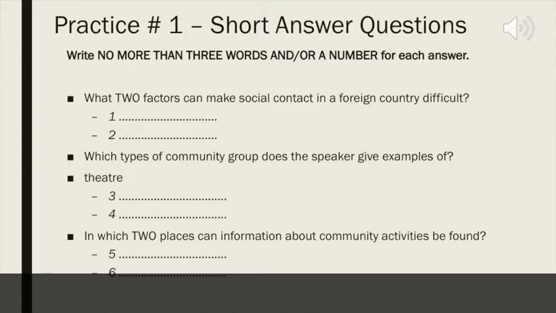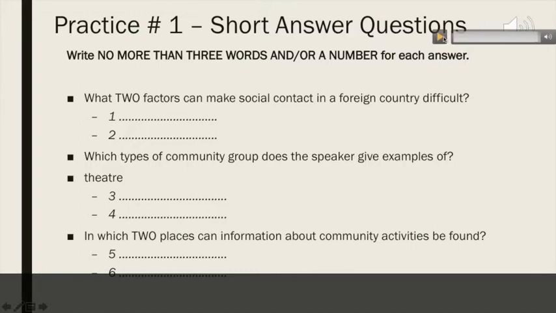First of all, you can get involved in activities in your local community. Join a group of some kind. For example, you'll probably find that there are theatre groups who might be looking for actors, set designers, and so on. Or if you play an instrument, you could join music groups in your area. Or if you like the idea of finding out about local history, there'll be a group for that too. These are just examples. And the best place to get information about things like this are either the town hall or the public library. Libraries in the UK perform quite a broad range of functions nowadays. They're not just confined to lending books, although that's their main role, of course.